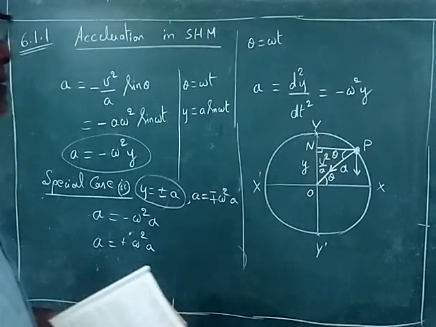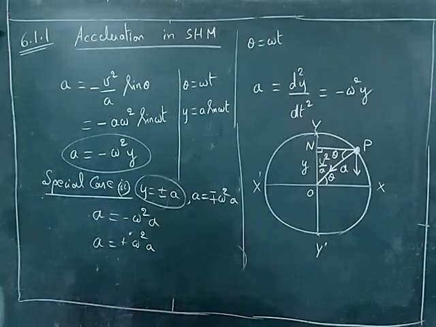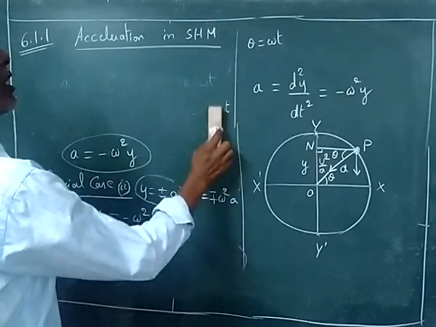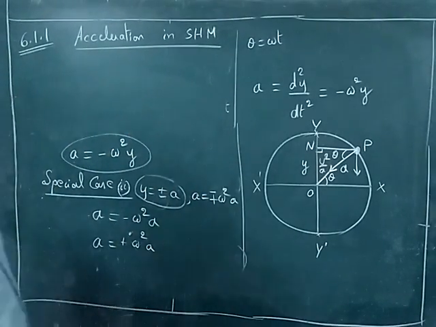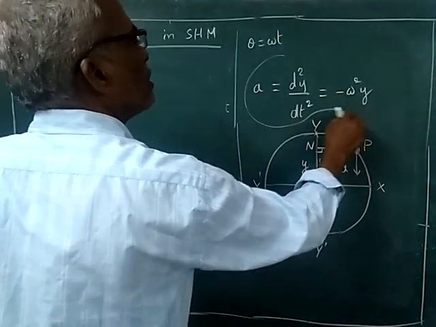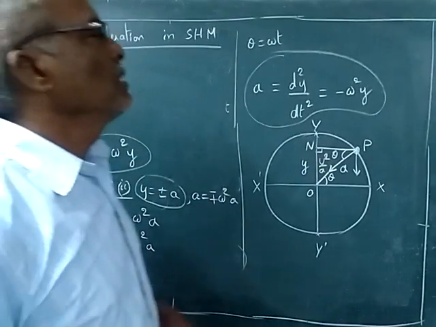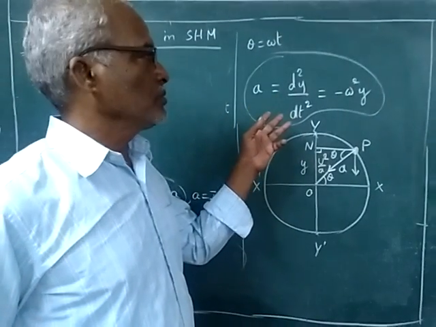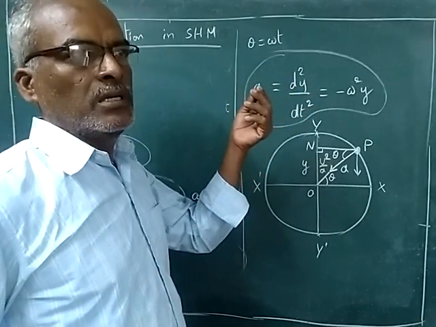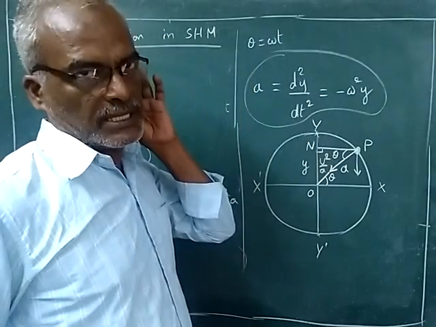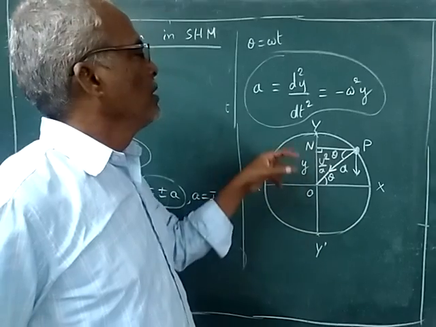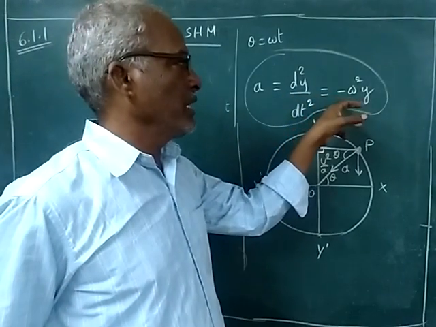Now we can write the acceleration. We have this equation, and we have one more equation which we have done already. Now we will see the differential equation. This is also an equation of the acceleration. Why? Because acceleration is dv by dt, and velocity is ds by dt. So twice if you differentiate the distance, you will get acceleration. So d square y by dt square, here displacement is nothing but y, we got minus omega square y.